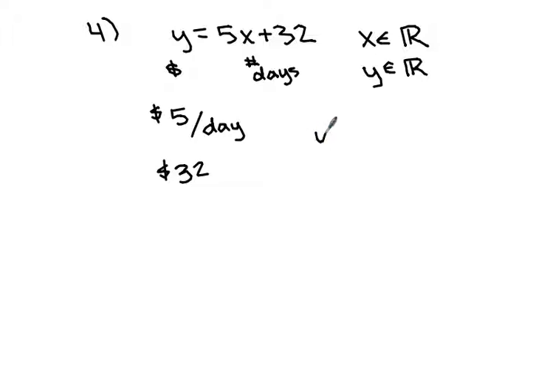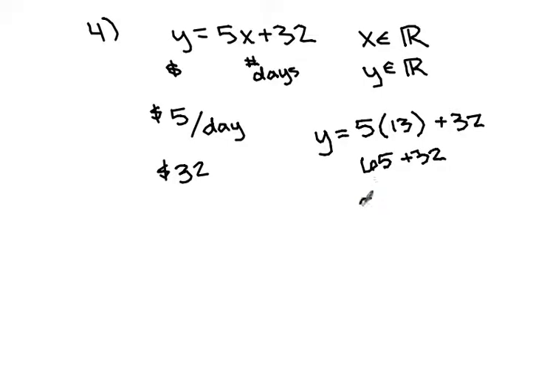So the amount of money I have in my account is $5 per day, for 13 days, plus that $32 that started in my account. So 5 times 13 is 65, plus 32. We'll end up with a total of $97 in our account. Okay, making sense? Yes.